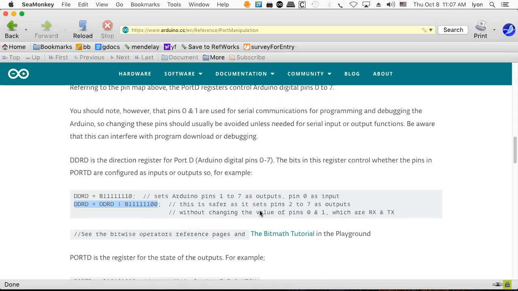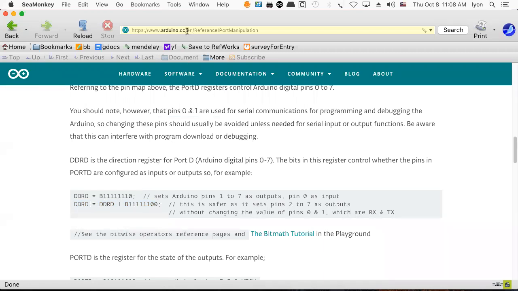So that's an inclusive OR. Sometimes you see this instead of DDRD equals DDRD inclusive OR, and then the bit stream, you can say inclusive OR equals as a single thing.